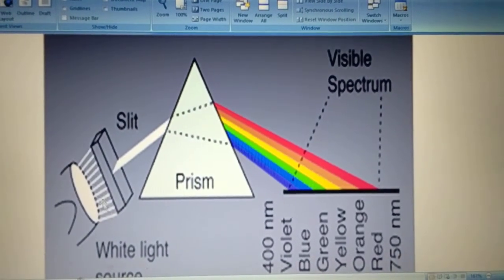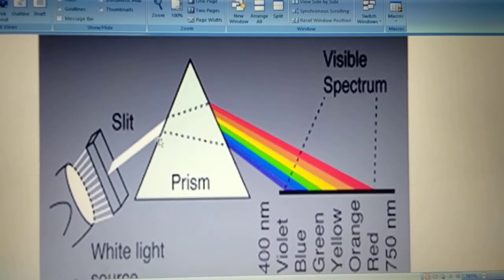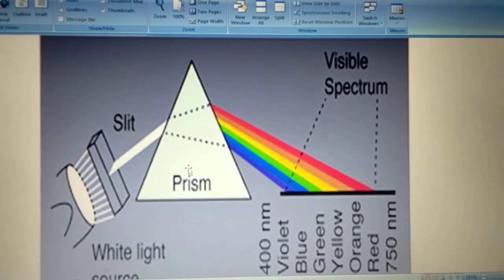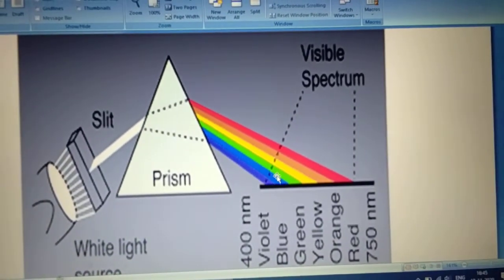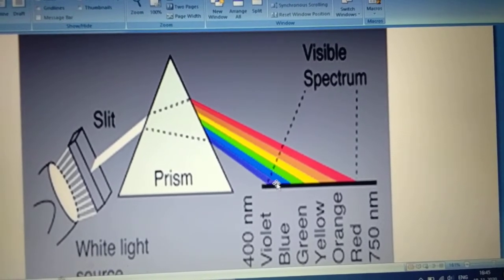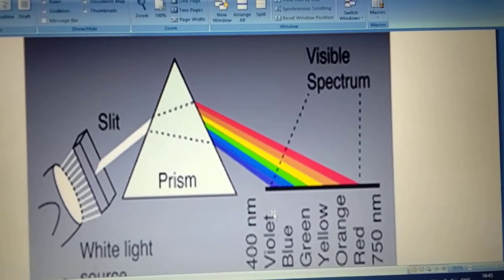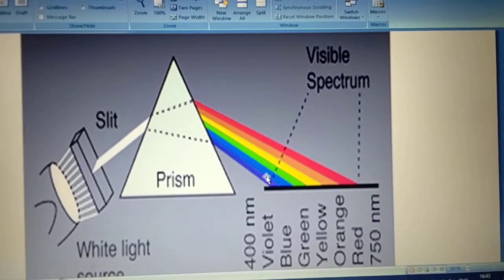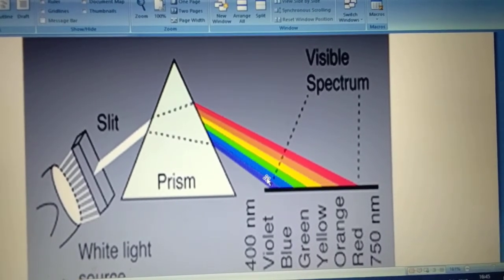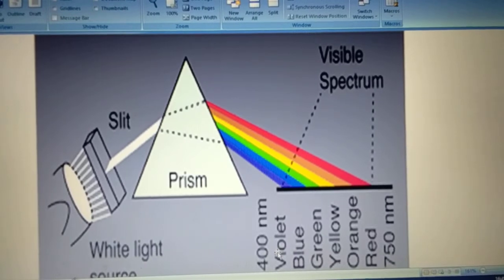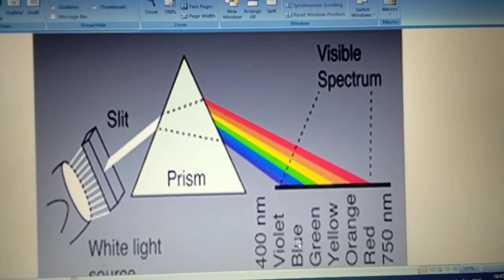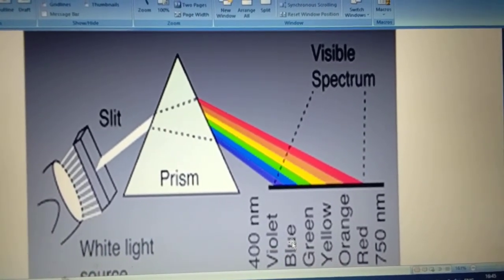When white light falls on the prism with the help of a slit, then on the other side we are able to see all these seven colors: violet, blue, green, yellow, orange, red. There is also indigo in between violet and blue.